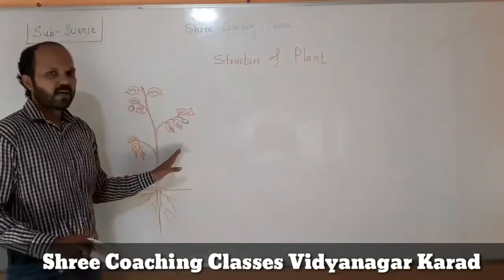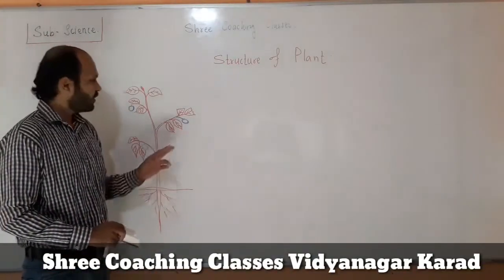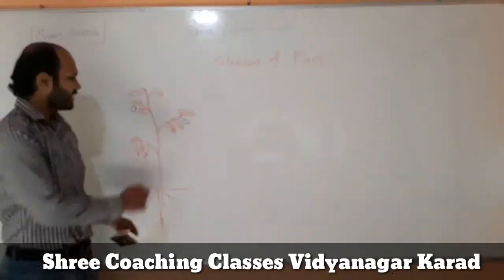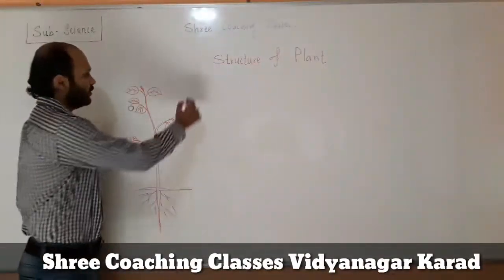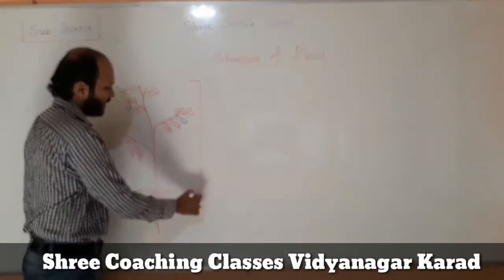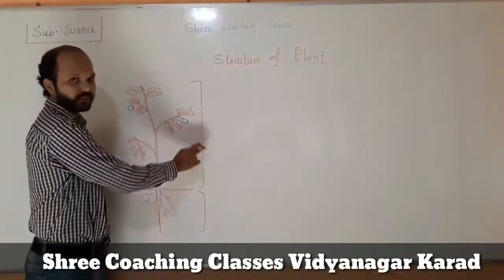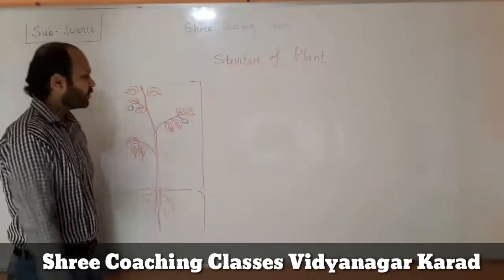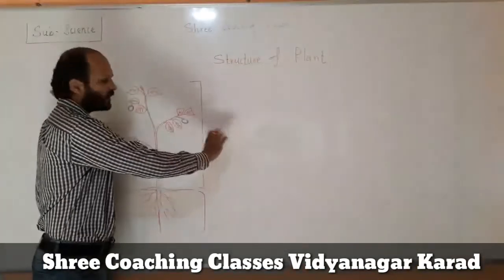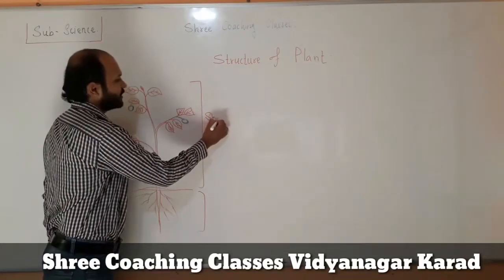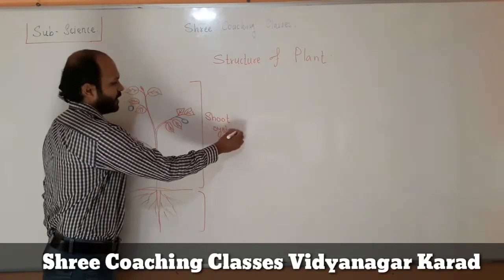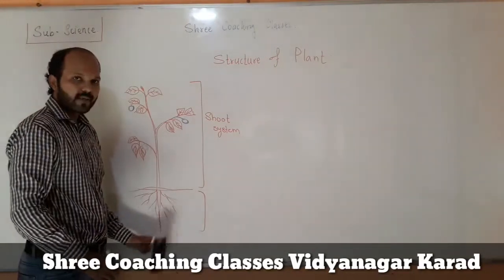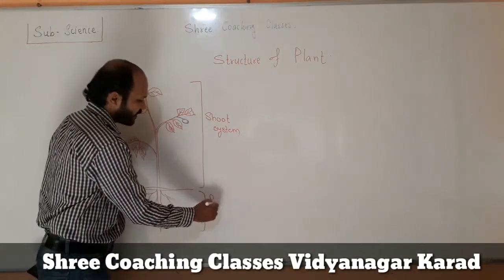So here I already drew one figure of a plant. In this, the plant is categorized into two main parts. This is first and this is second. This part is known as the shoot system, and this part is known as the root system.